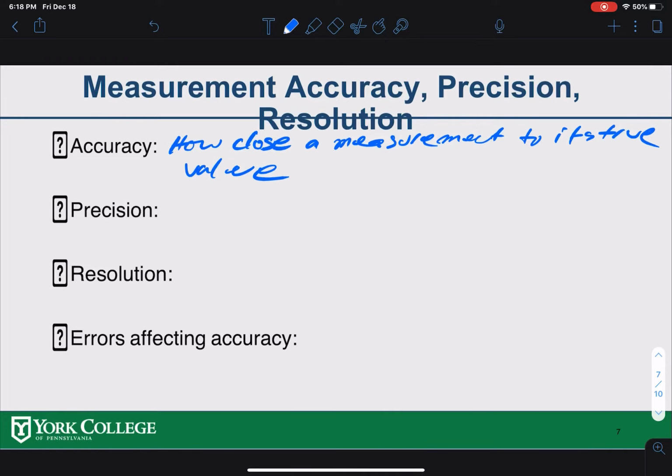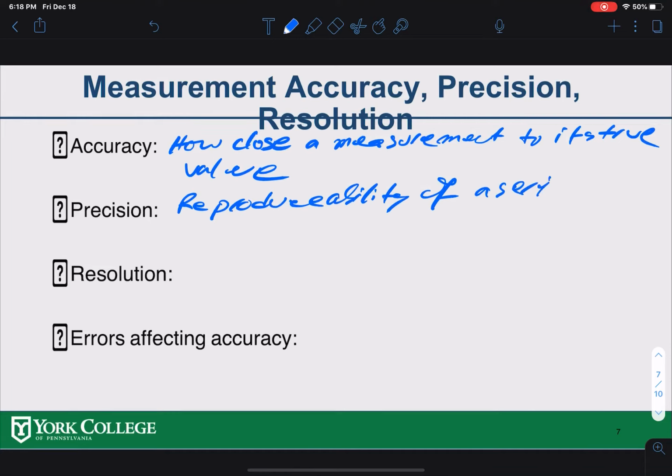It's the reproducibility of a series of measurements. So if you take the measurement again and again, and you get the same results, that is precision.